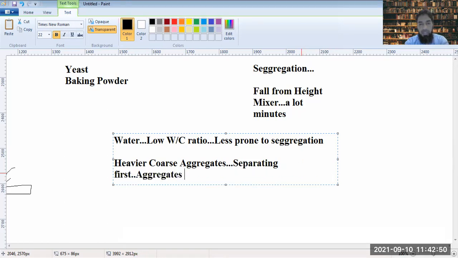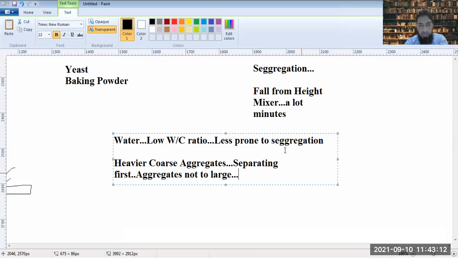They should be not too large. That is important, because if they are too large, they will completely segregate out. Too large would mean too heavy aggregates, and they will have more chances to segregate out.